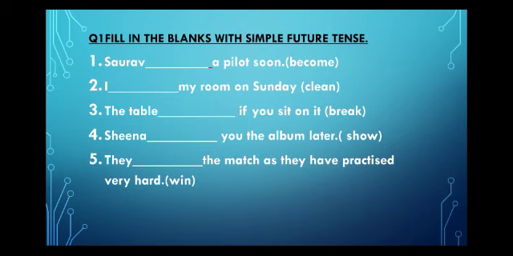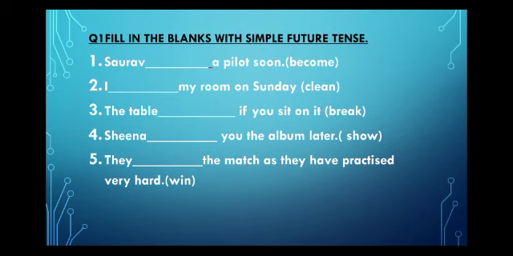Okay. Now look at the fourth one. Sheena dash you the album later. Number 5. They dash the match as they have practiced very hard. So again predicting the future. Okay. Think over the answers and we'll discuss them.